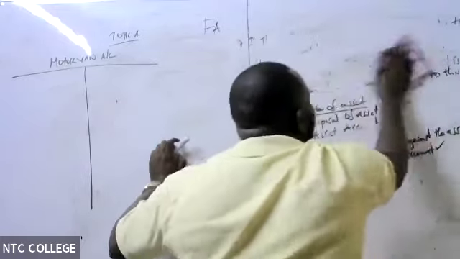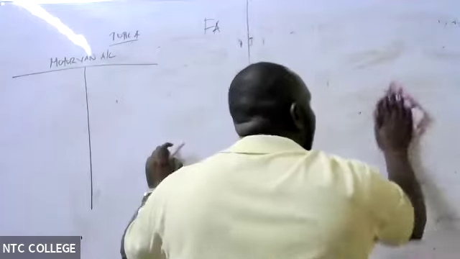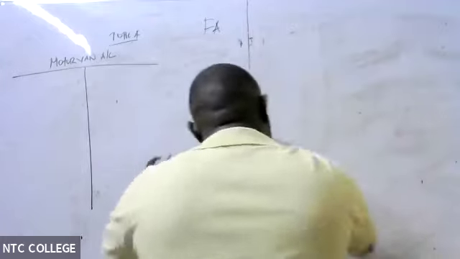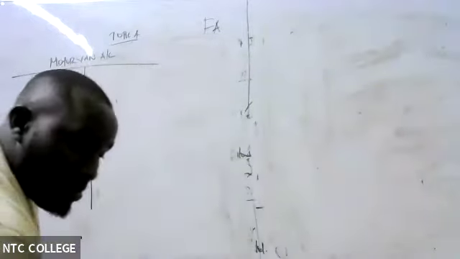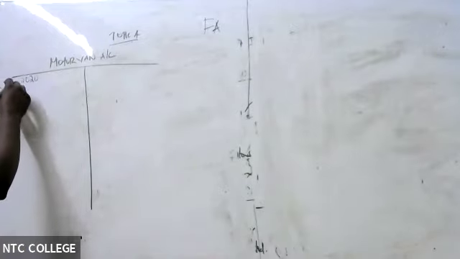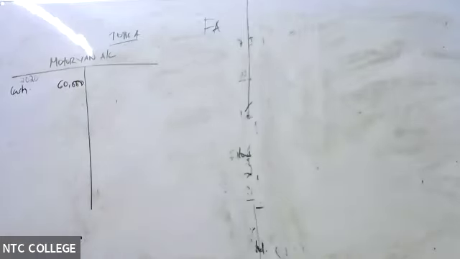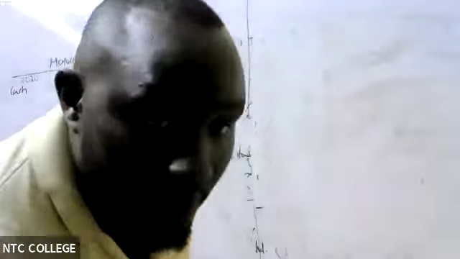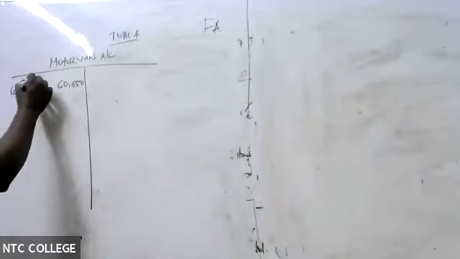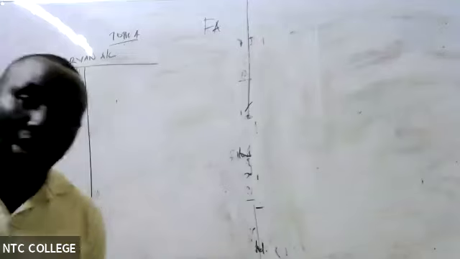So you say 2020. On 1st January 2020, the total value of assets is 60,000.